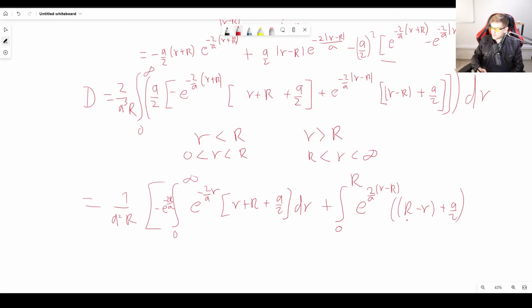I don't really need this parenthesis anymore. And here we can separate it as well. So we can write the exponent outside, at least the part that has the big R: e to the minus 2 big R over a.